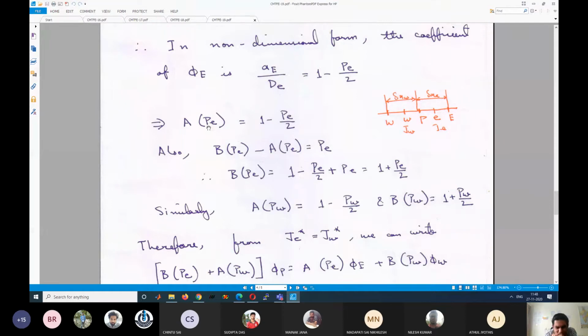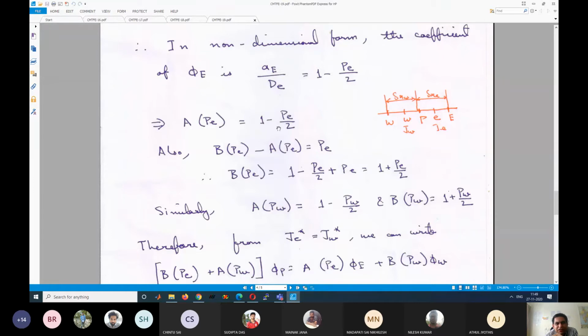If A of P is 1 minus P by 2, then if instead of P I take minus P, what will be the function of A? 1 plus P by 2. So A of minus P is 1 plus P by 2, which is the same as B of P, correct? Because B of P is 1 plus P by 2.